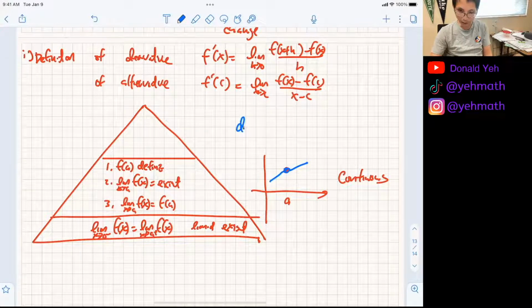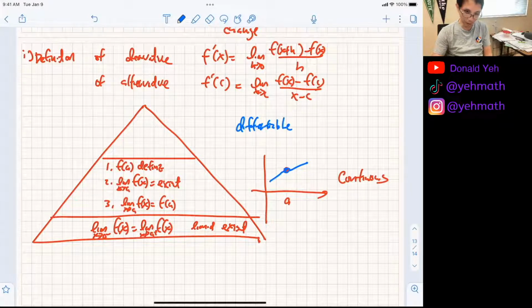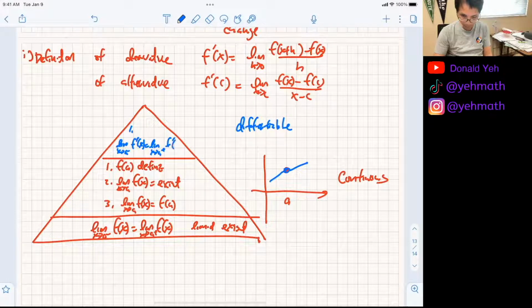The last one is called differentiable. And we're also going to review a couple things. One, there's only one thing here. The limit as x approaches a from the left of f prime of x equals the limit as x approaches a from the right of f prime of x.